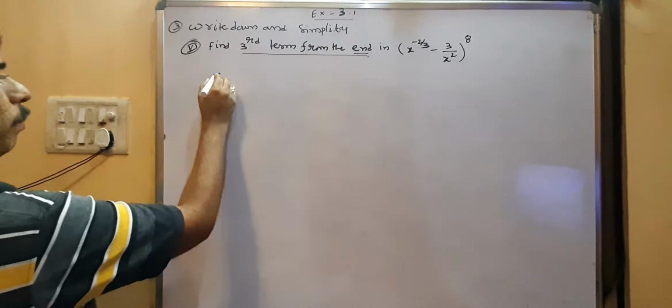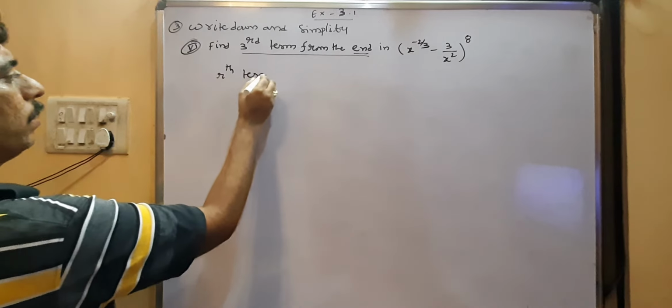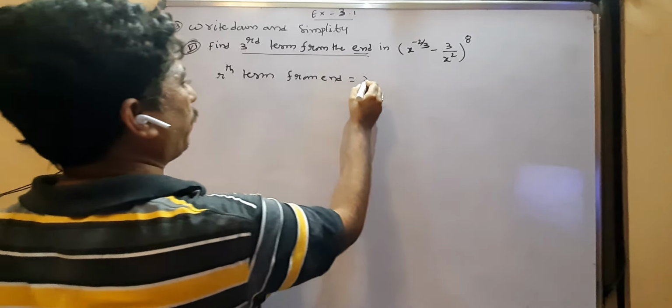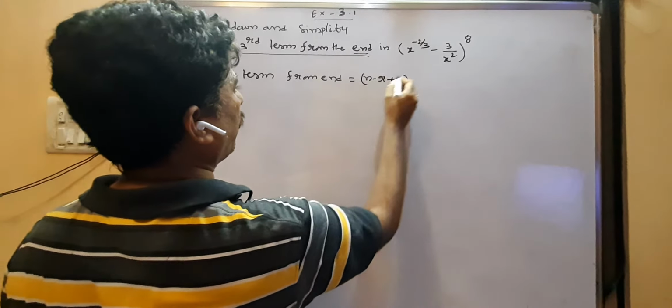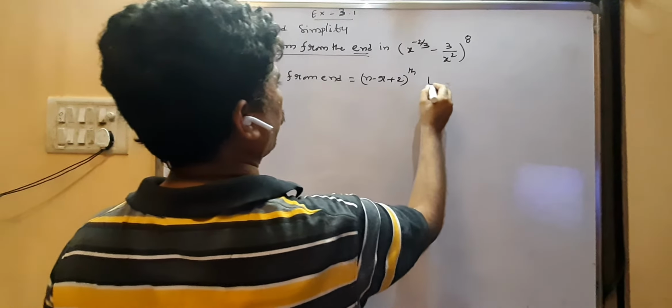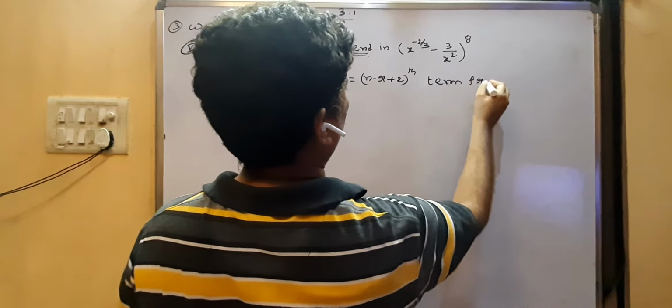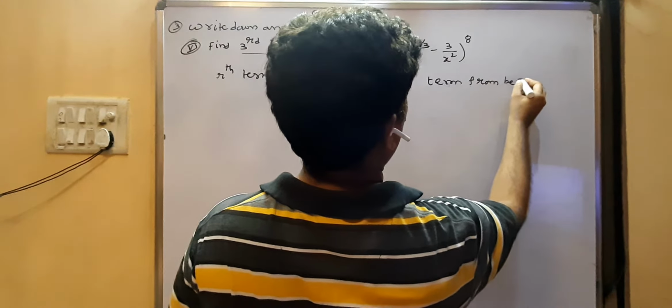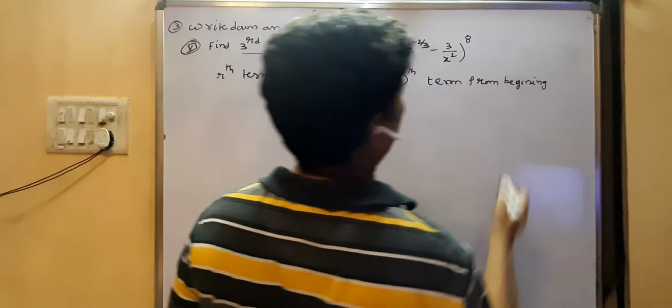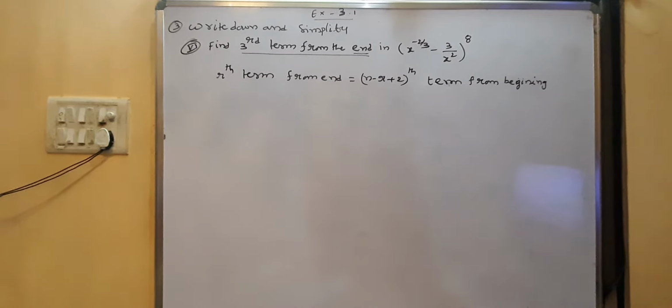We know one formula: the rth term from the end equals the n minus r plus 2th term from the beginning. Okay.